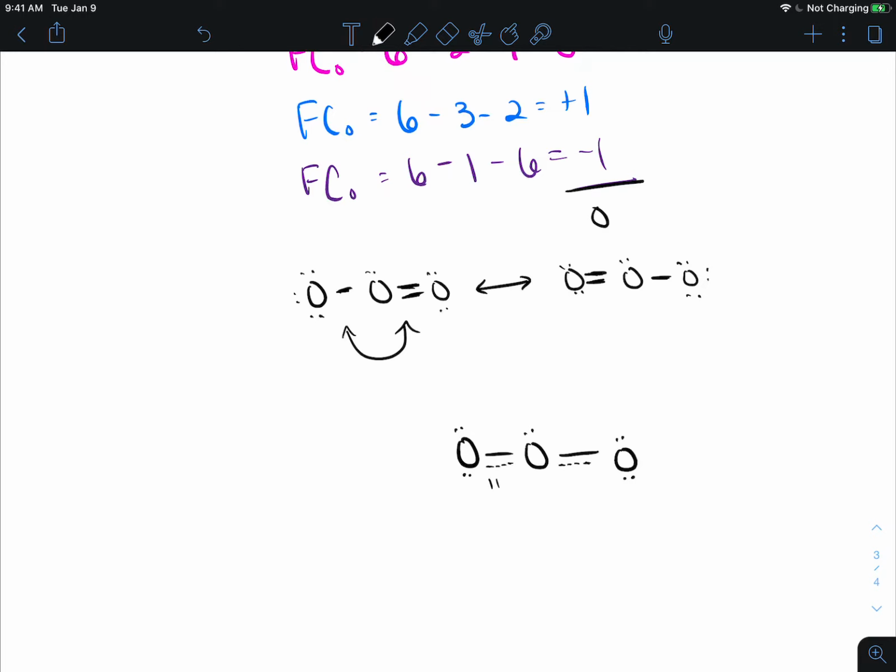So this is a 1.5, 1.5 instead of a 1 and a 2. So the actual structure of ozone is a structure between the two resonance structures we drew above.